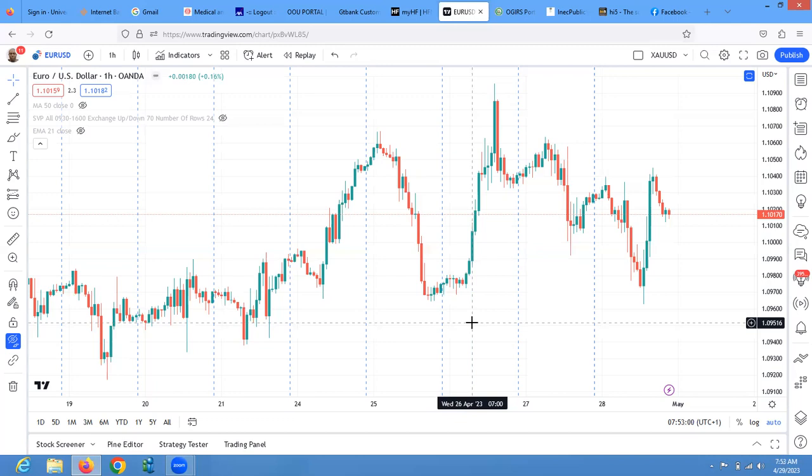And based on the structure, you can have probably a working TP, take profit. I will call it a working take profit because it can change.